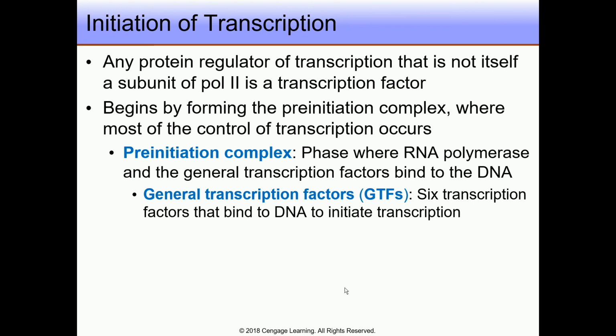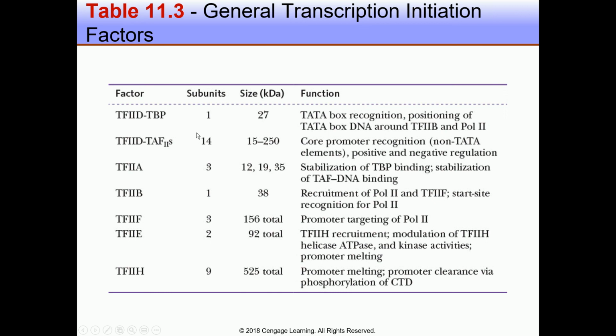So this is the structure of a promoter in the eukaryotes. As I said, there is the involvement of these transcription factors, and here is a table which shows you the different transcription factors which are involved in the transcription in eukaryotes. So this is the name. So this is TFIID, TBP, then this is TFIIA, TFIIB.